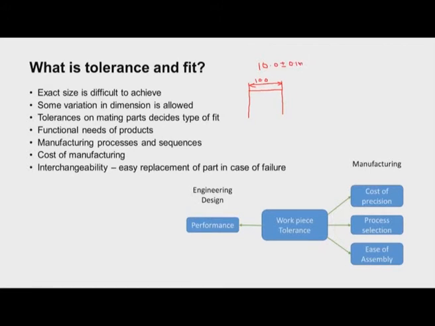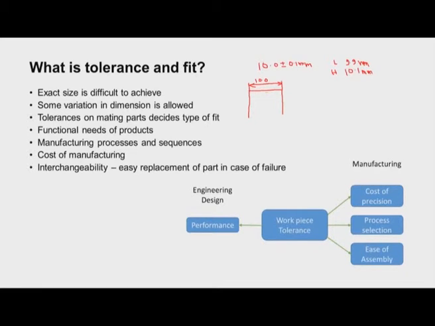That means the shaft can have the lower limit of 9.9 mm, and the upper limit, higher limit, can go up to 10.1 mm. So these are the limits of the work pieces.